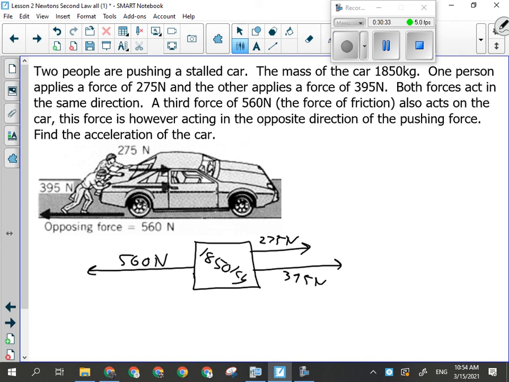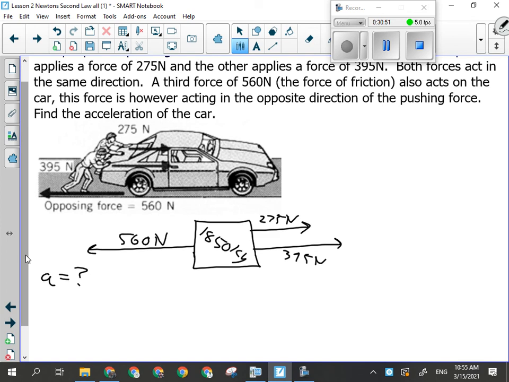I want to calculate the acceleration of the car. What am I going to need if I'm going to calculate that? I'm going to need net force. Okay, now I have two ways to calculate net force.